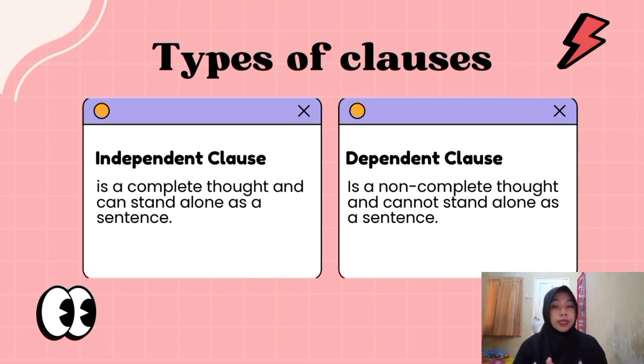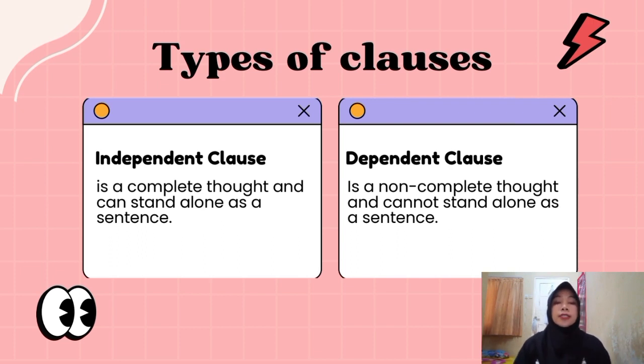The first one is independent clause, the second one is dependent clause. Okay, the first one is independent clause. An independent clause is a complete thought and can stand alone as a sentence. Or it's a full sentence that makes complete sense, like "she loved to read."